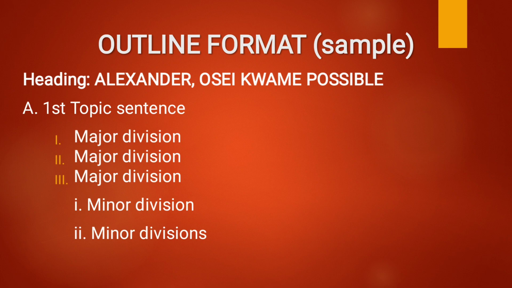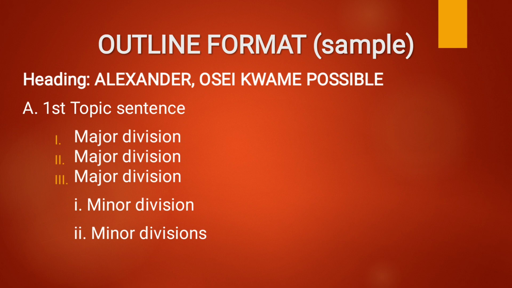One, the indentation. Two, the numbering. If you use A for topic sentence, you must not use A or B for major supporting sentences. If you use I for major supporting sentences, you must not use the capital I also for minor supporting sentences. No, there should be a difference.